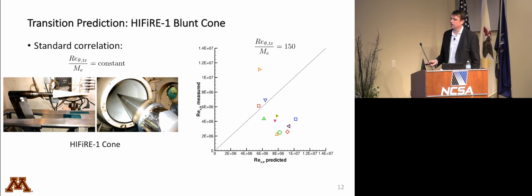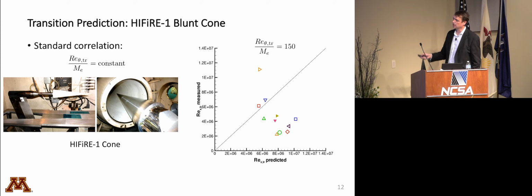So if you apply that to the HiFire 1 cone, and you do some measurements at NASA Langley and at Kubrick, and you use this transition criterion where 150 is the number for cones, and now you plot predicted transition Reynolds number versus measured.